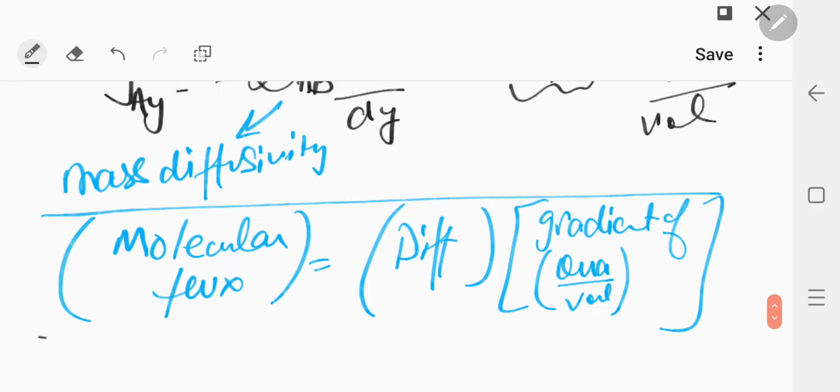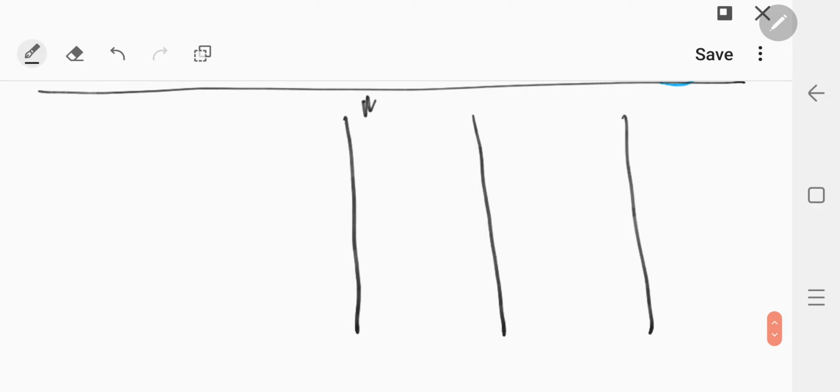Now let me represent them in a very simple way: momentum, energy, and mass.